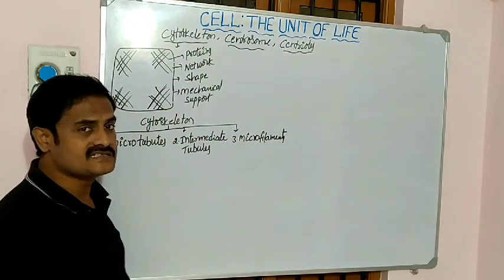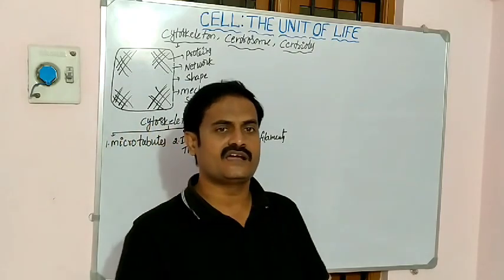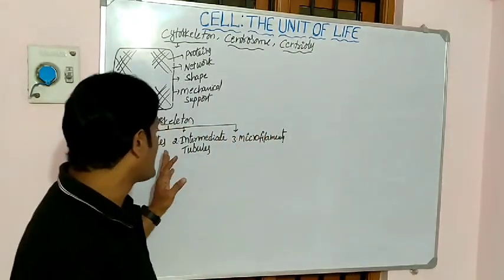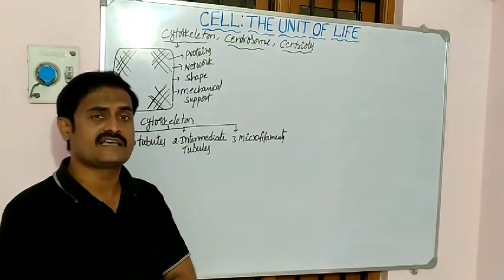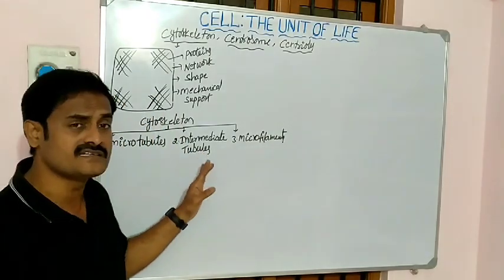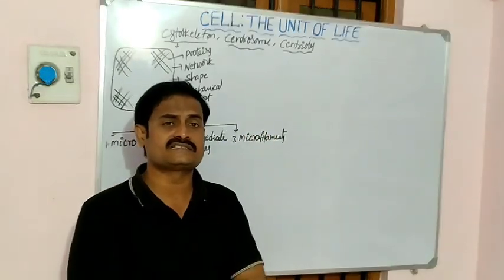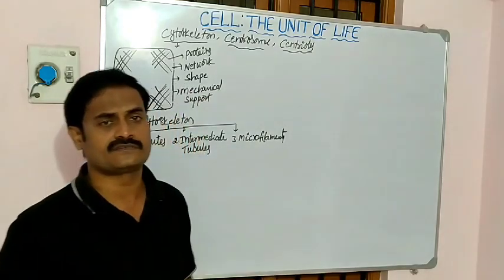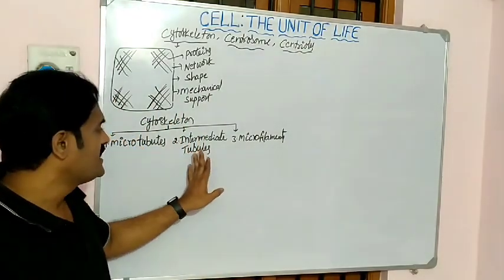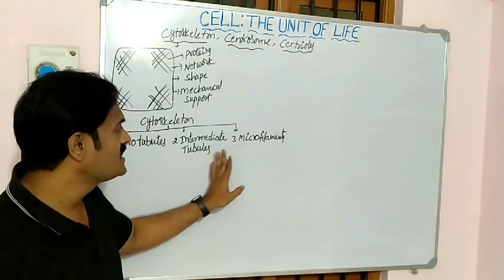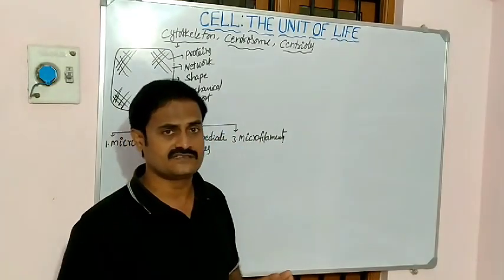See, based on the protein structure and their arrangement, they are classified into three types. That means the cytoskeleton consists of majorly three types of arrangements. What are they? Microtubules, intermediate tubules, and microfilaments.